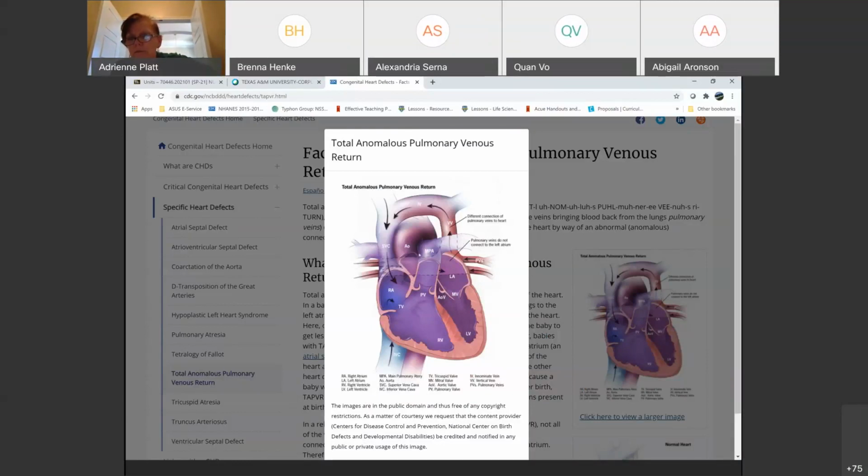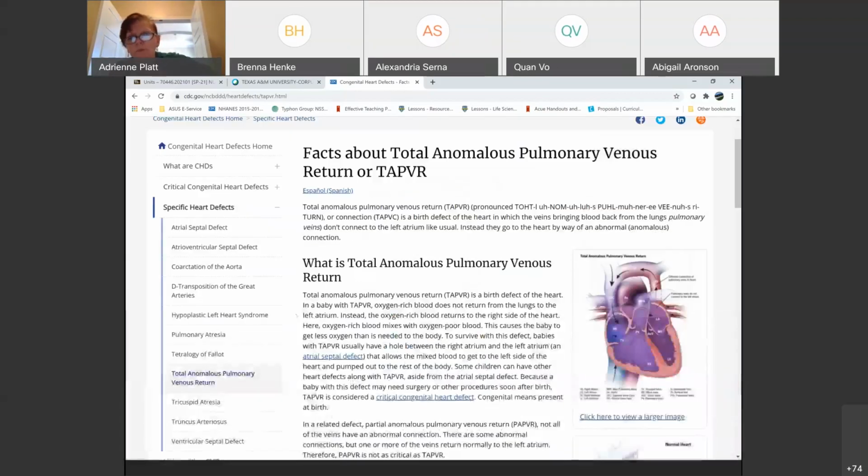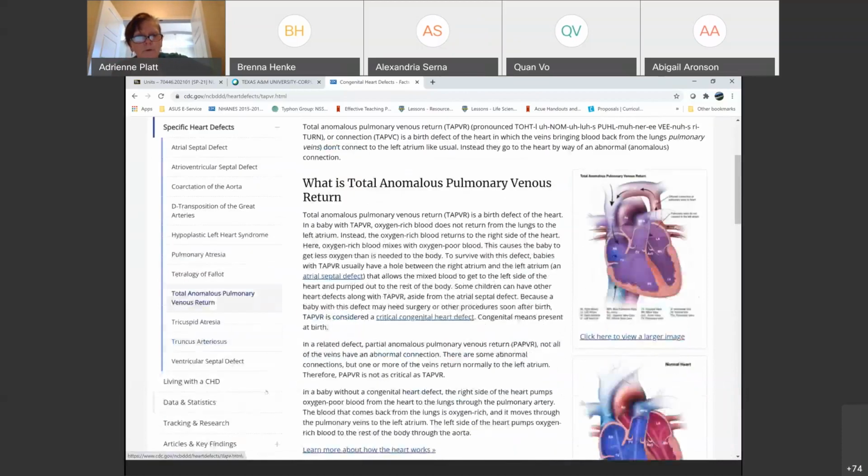It basically is a mess. You have blood mixing. Review the basics, I have it on the slides, but I wouldn't go too crazy on that other than knowing it.